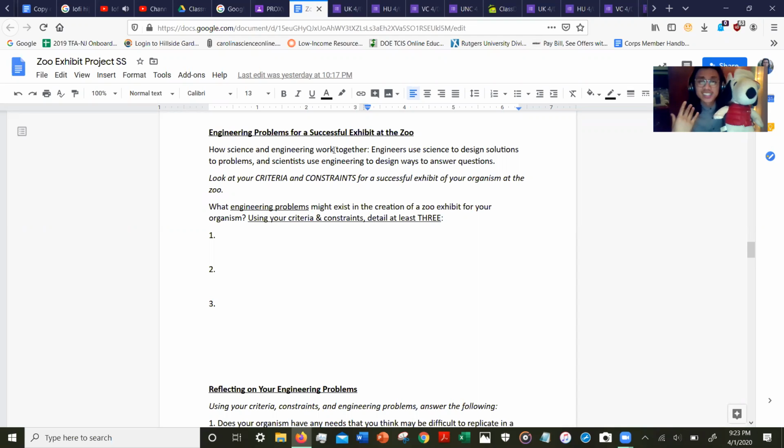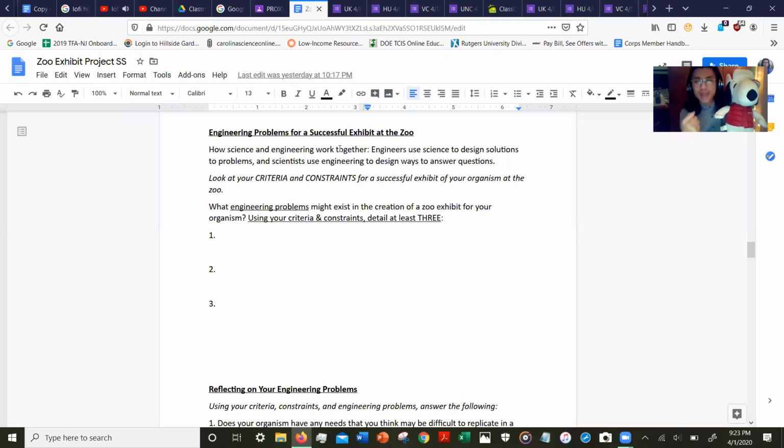And scientists like us use engineering to design ways to answer our scientific questions. Here we can see the intertwining relationship between engineering, creating stuff, and science, that field full of possibility, potential, and curiosity to change the world.